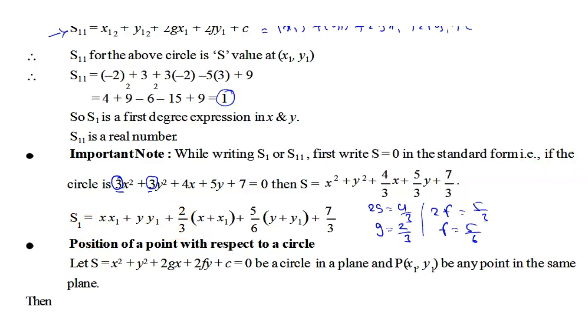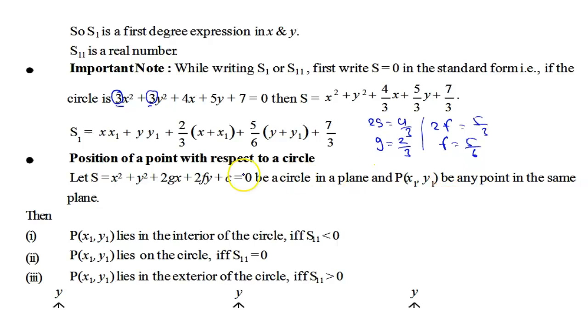Next, the position of a point with respect to a circle. Here we need to remember one thing. We need to take the given circle equation in S form and substitute that point P, x1 comma y1, in the circle. So indirectly we need to find S11. The S11 formula is x1 square plus y1 square plus 2gx1 plus 2fy1 plus c.